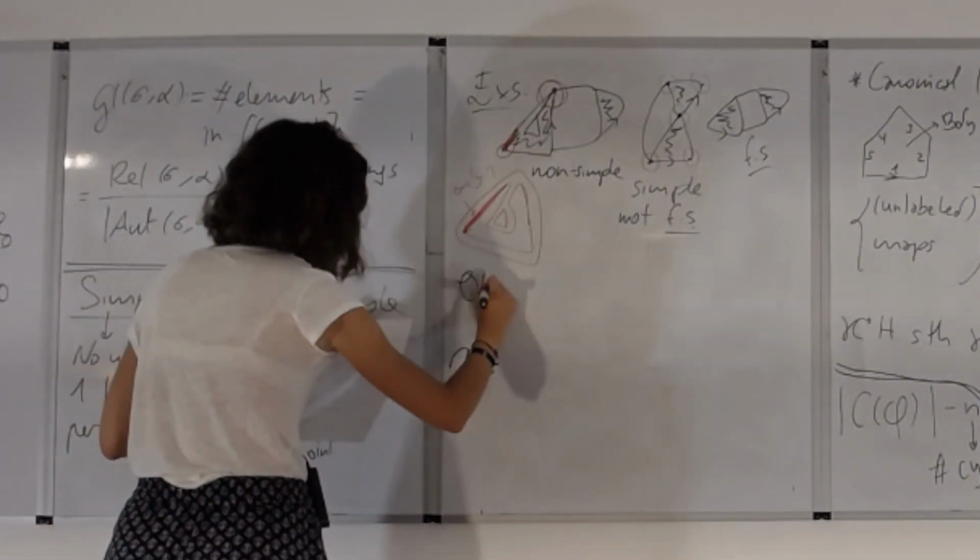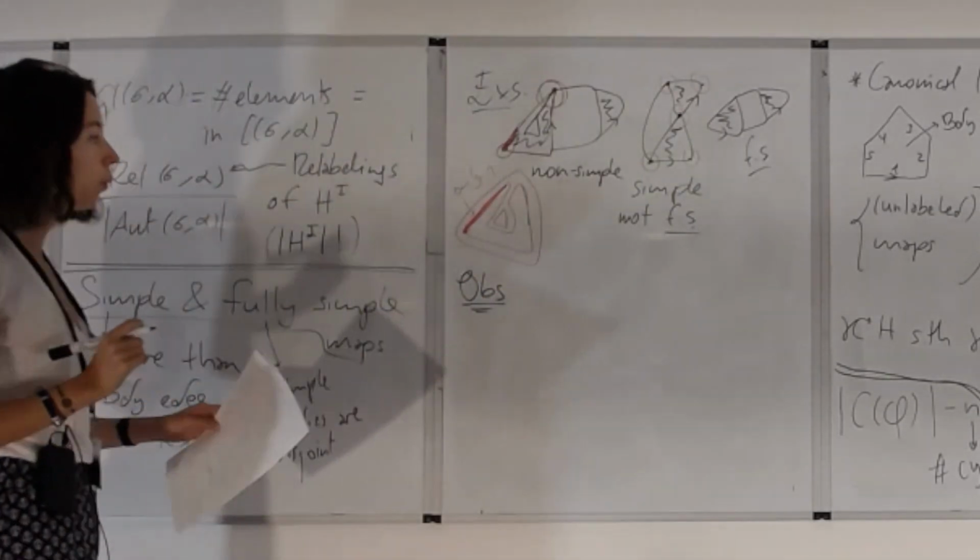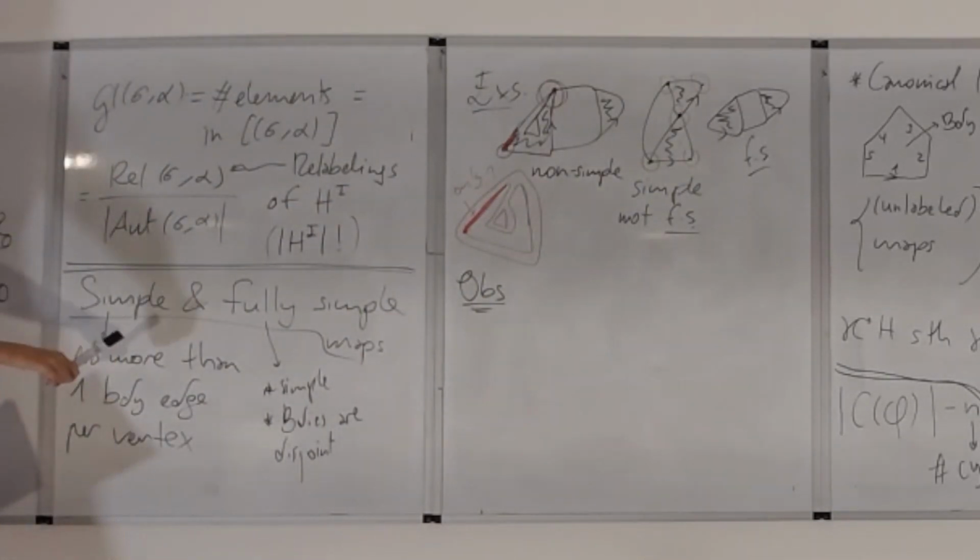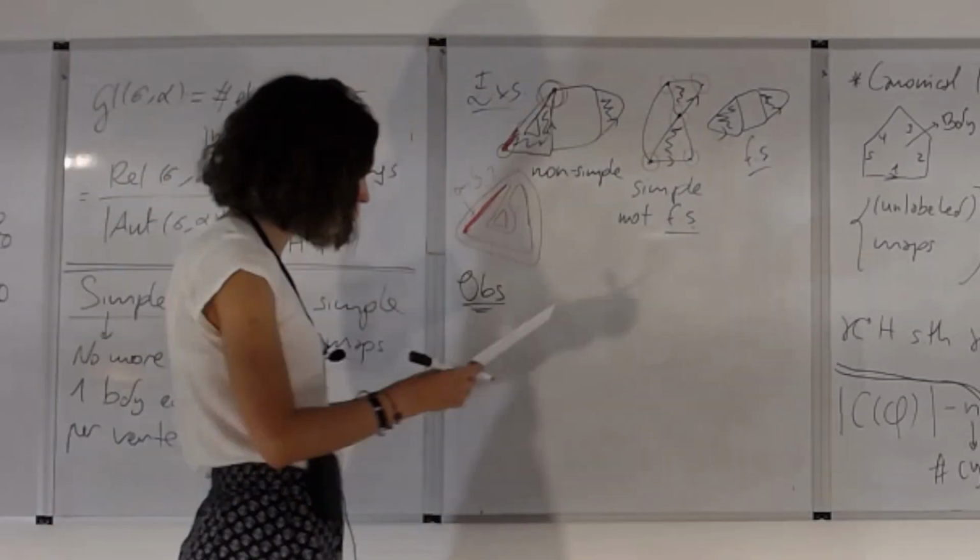So, observation: we can make a characterization of what these conditions mean in the permutation model.